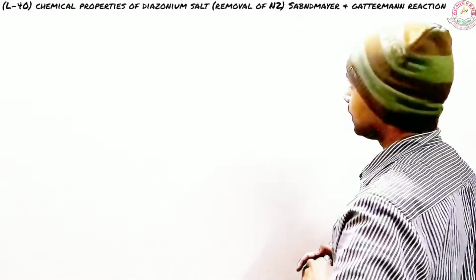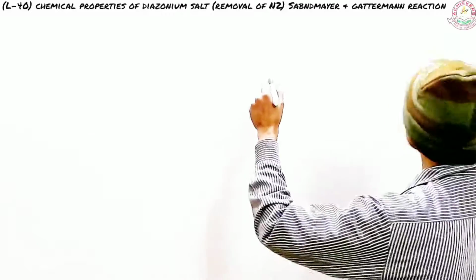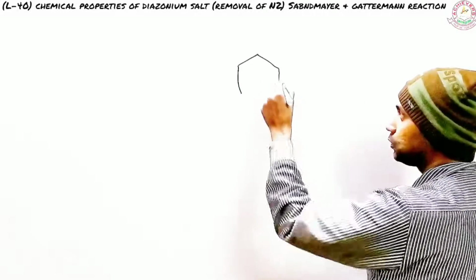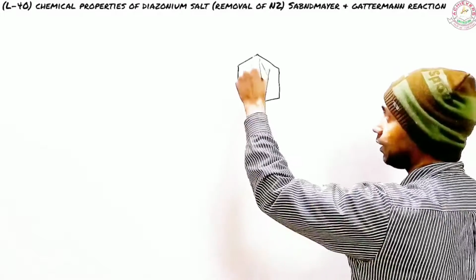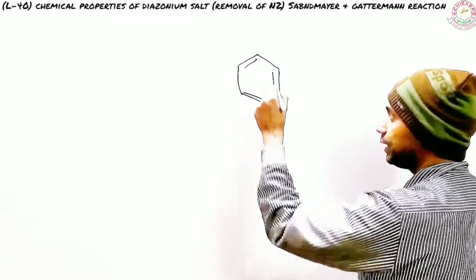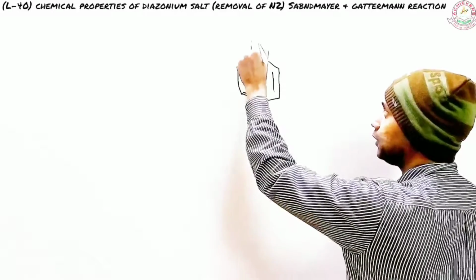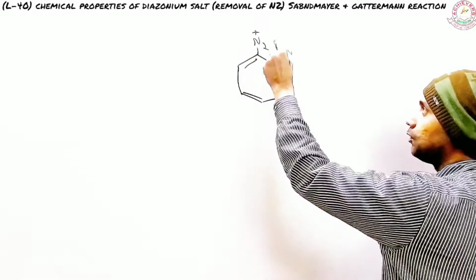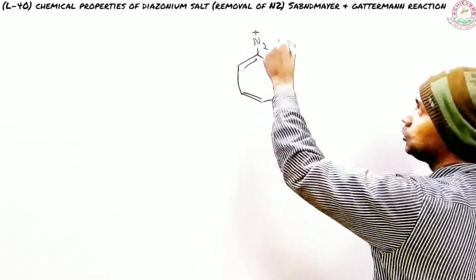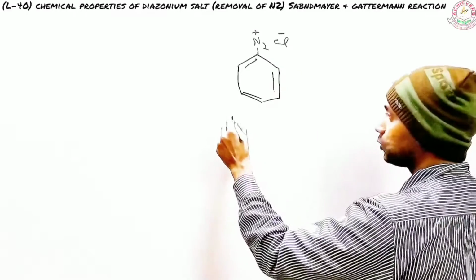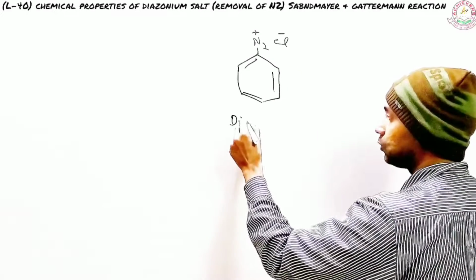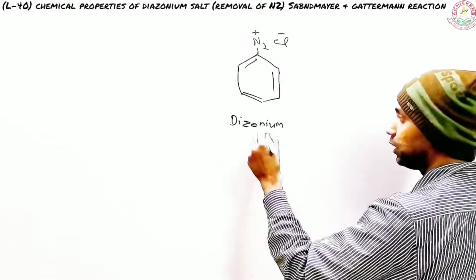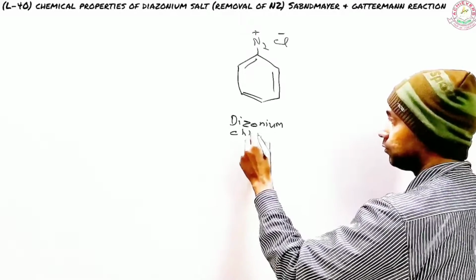In the center, I am taking this diazonium chloride. This is your benzene here, and if you place N2 with the positive charge and Cl with the negative charge, you understand that this is your diazonium chloride.